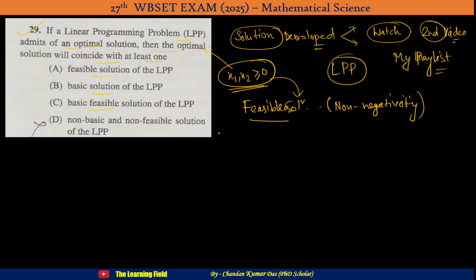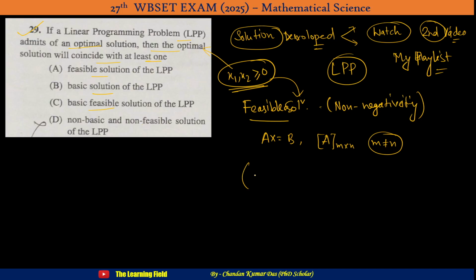Now, basic solution. What is a basic solution? You have to understand that if we have a system like Ax equal to B, and A is a matrix of m by n, where m and n are not equal, then what we do?